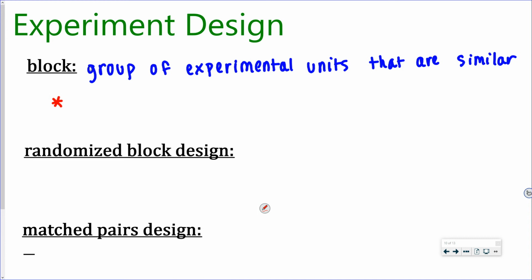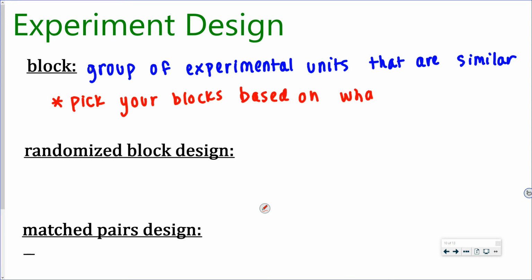So we might block off males versus females and then assign our groups from there. So pick your blocks based on what is most strongly associated with what you're testing.